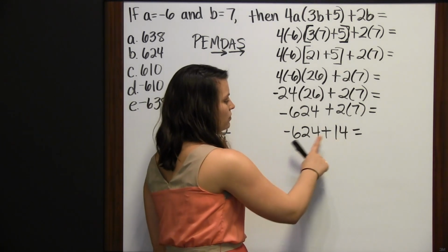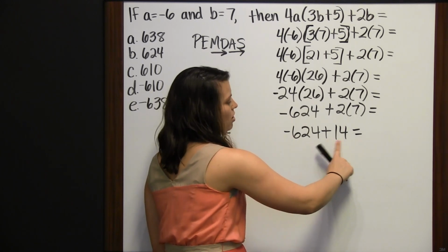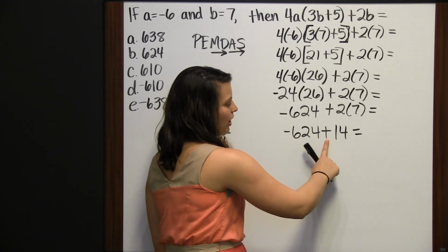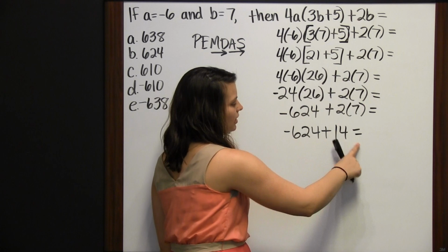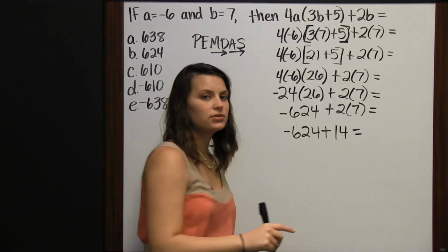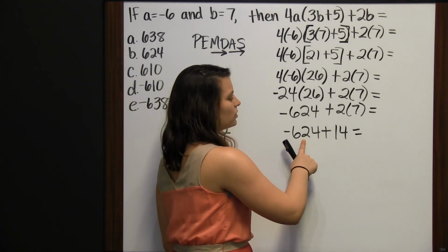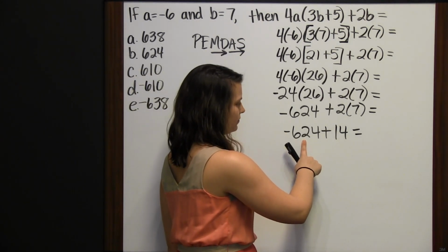And we're adding two numbers with different signs. One's negative, one's positive. When you're adding numbers with different signs, you need to subtract the numbers and take the sign of the number with the larger absolute value.